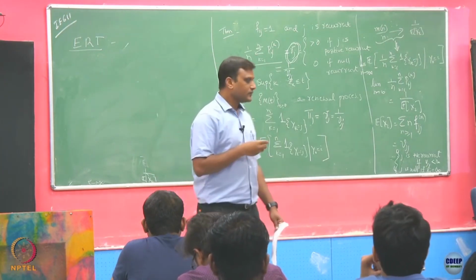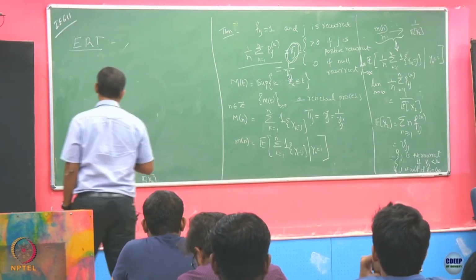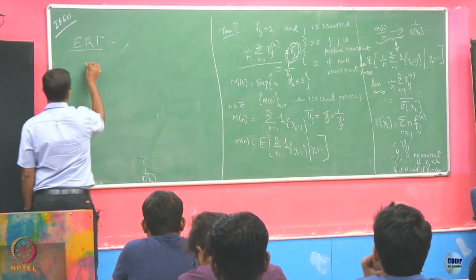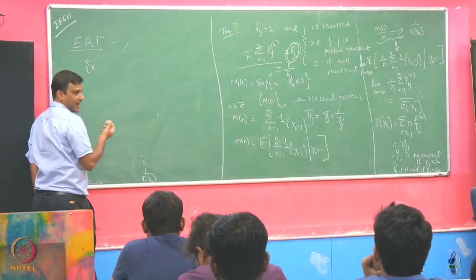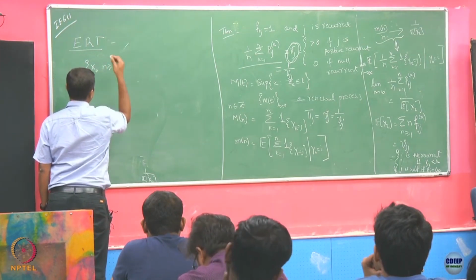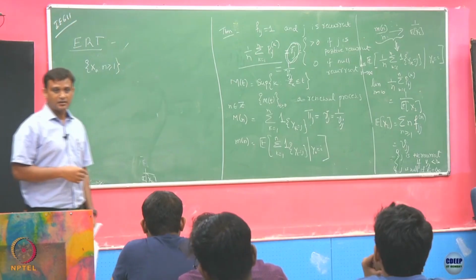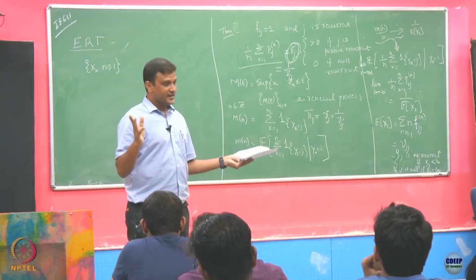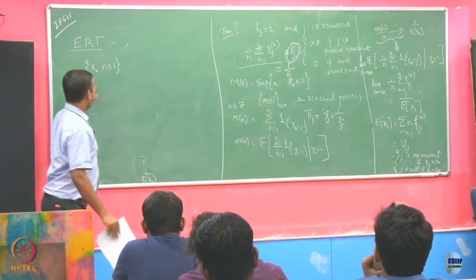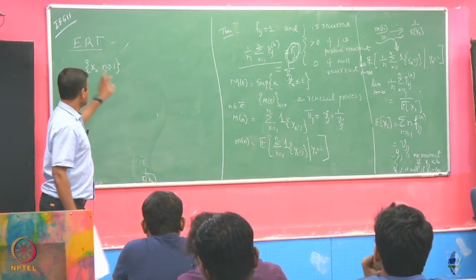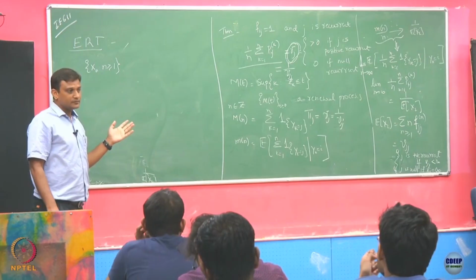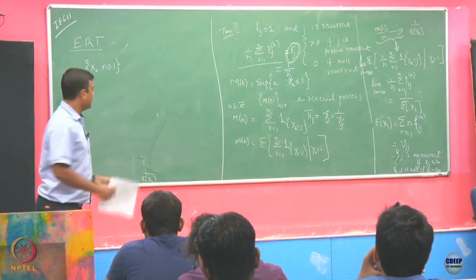So one could take a renewal process as simply something where the lifetimes are identically distributed, and all I am saying is identically distributed. I am not saying these Xn's have to be integer valued, they could possibly be continuous valued, okay.